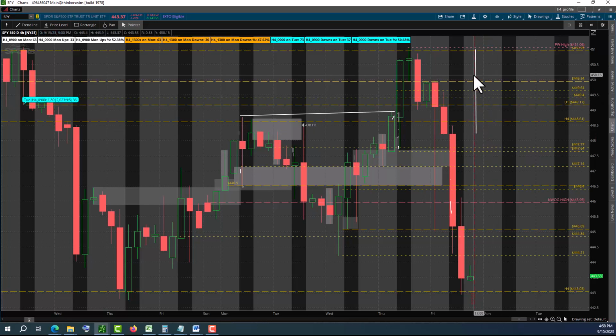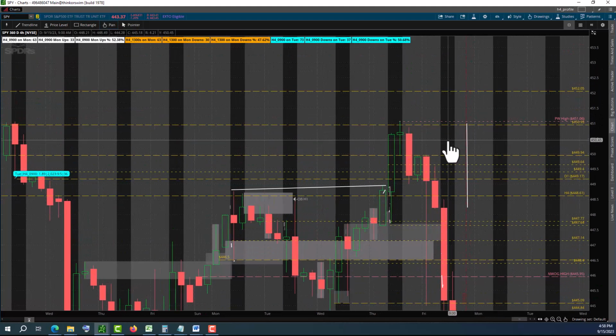Look, so basically before the market's open, they already lost $2.76 right there.